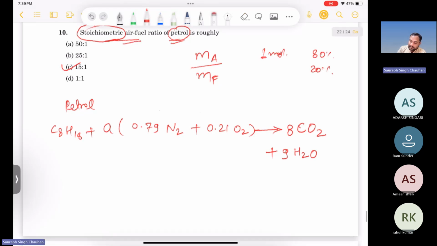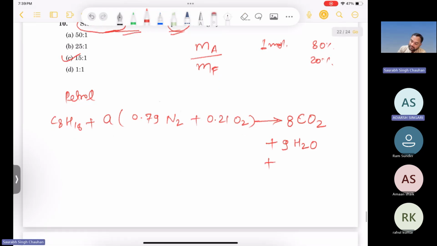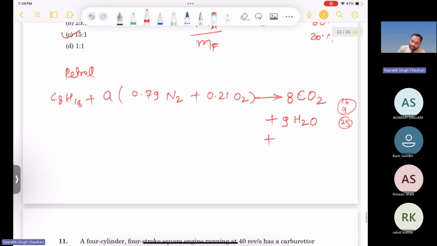Now you need to balance oxygen. On the right hand side, how many oxygen atoms are there? 8 into 2, 16, plus 9. So how many are there? 25 oxygen atoms, right? On the left hand side, how much?